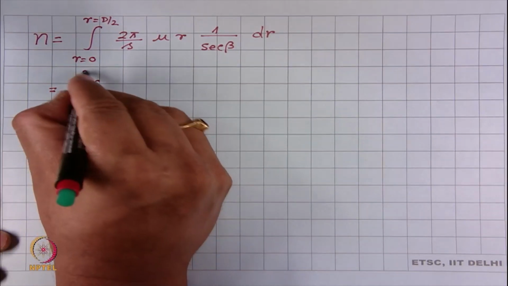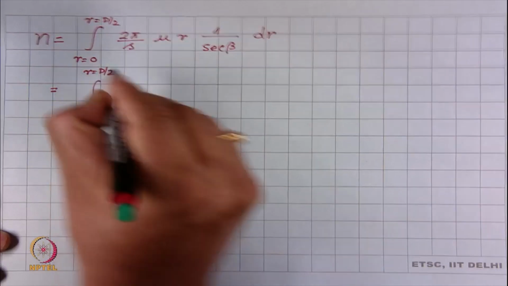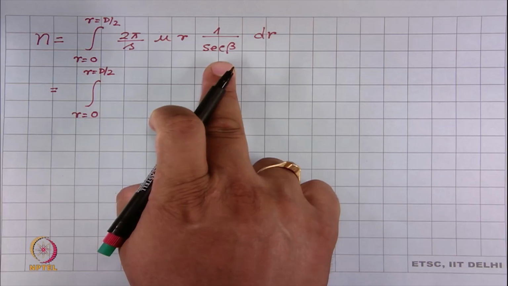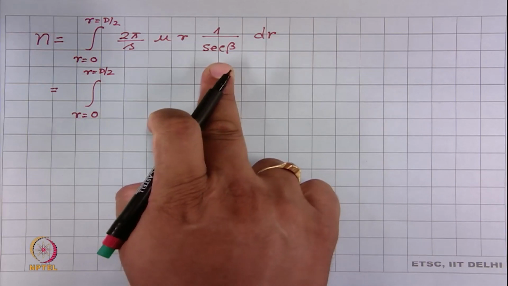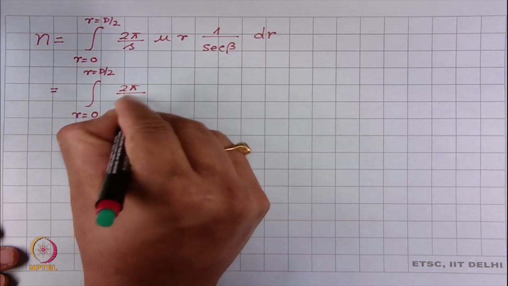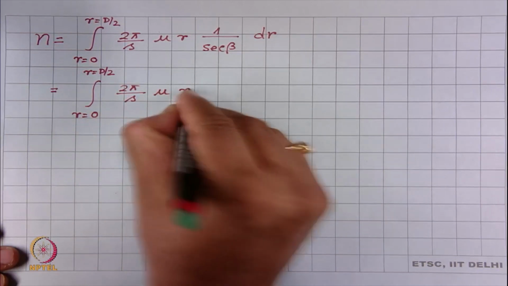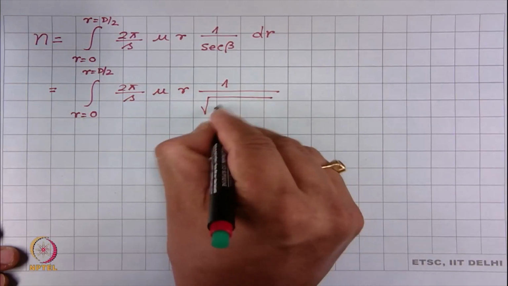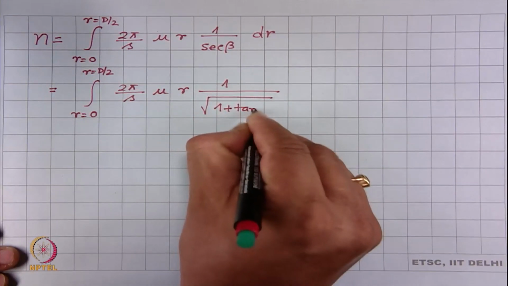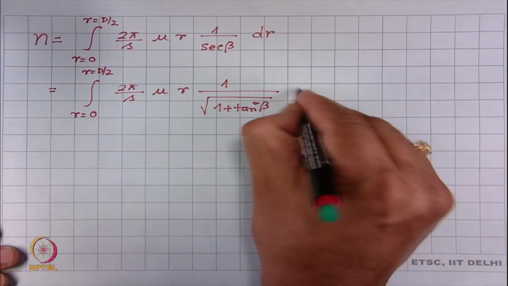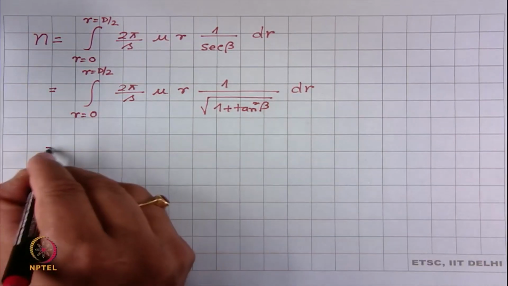Now, basically we want to convert this as a function of r. What is sec beta? Square root of 1 plus tan square beta, dr.